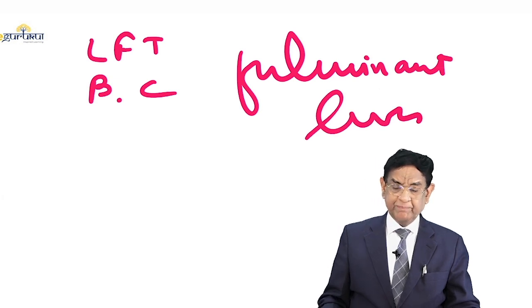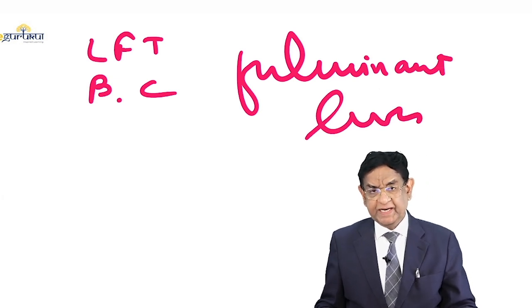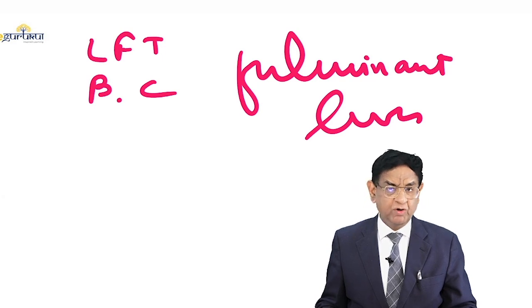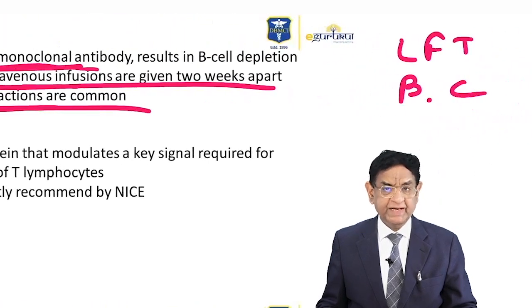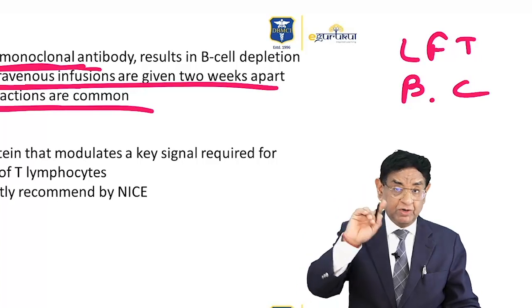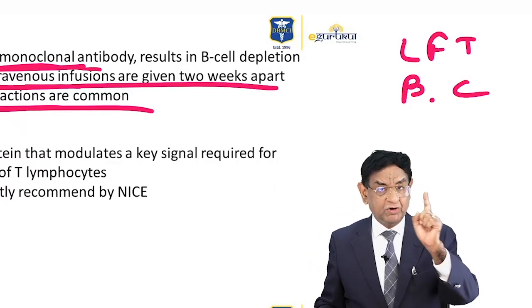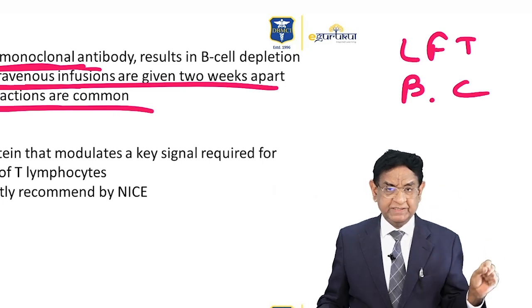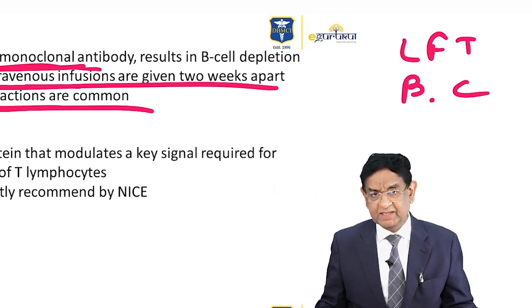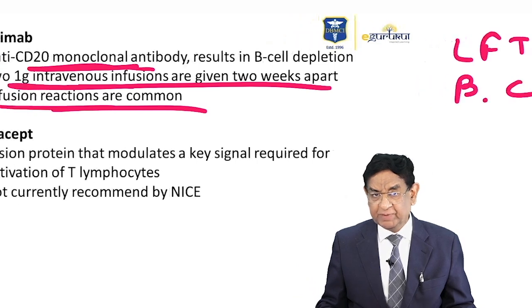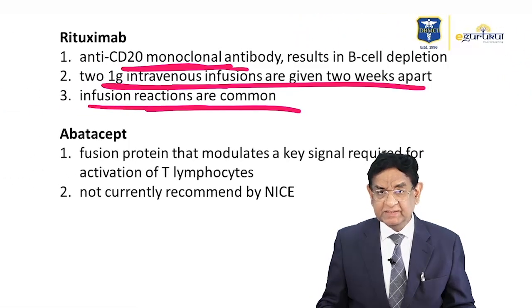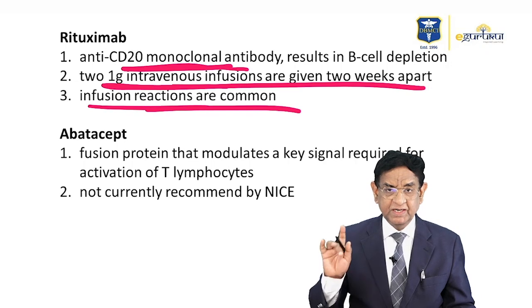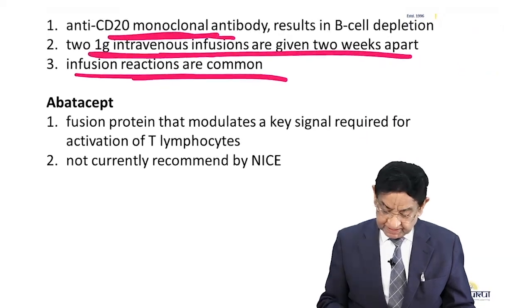So the way we are planning, when we plan to start a TNF-alpha neutralizing drug, we always do a chest X-ray. Here, LFT and serology also. Not only LFT, serology also. Rather, LFT is more appropriate for methotrexate. Here, serology is a better answer. If the patient has hepatitis B or C, maybe in the subclinical condition, don't give rituximab.